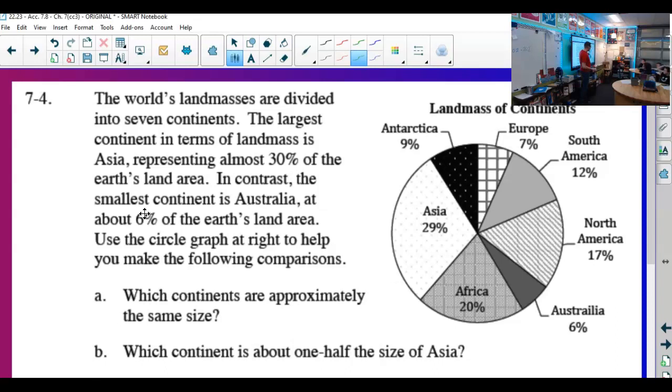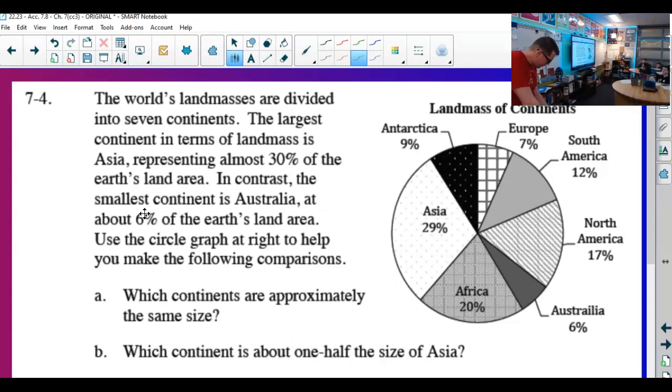And honestly, if we talk land size, Africa's way bigger than South America. North America is not even as big as Africa. And Australia is pretty darn big for as little of the population that it has. So then, C here, is it reasonable?